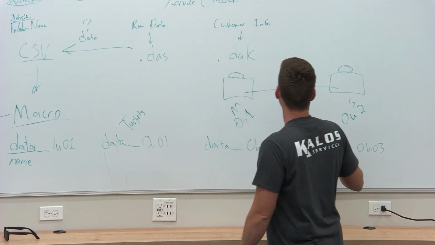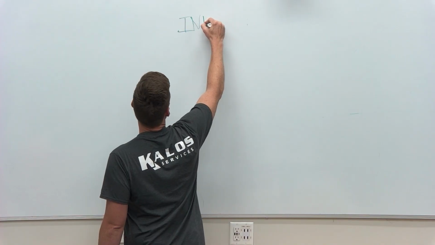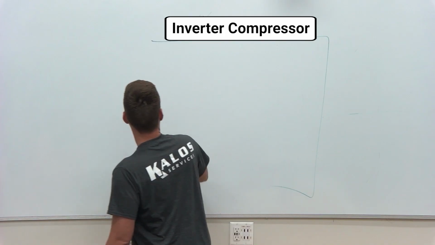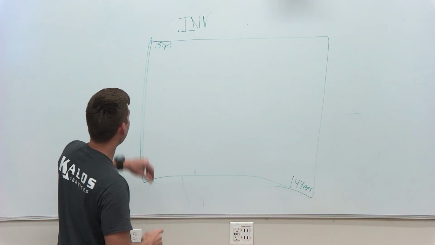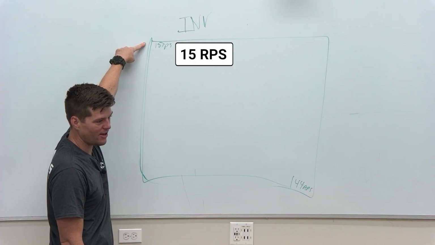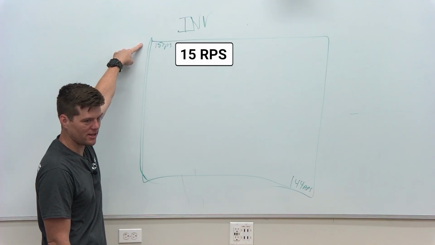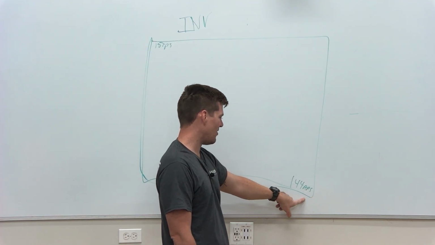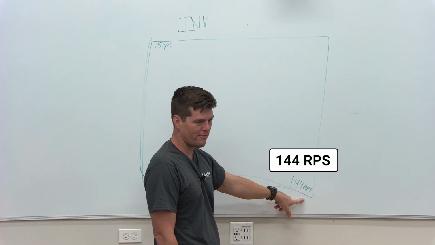Because if you think about an inverter compressor, right? This is my inverter compressor. My first speed on my inverter compressor is 15 RPS. This is my lowest speed, typically on VRV. This is my highest speed, RPS, 144.